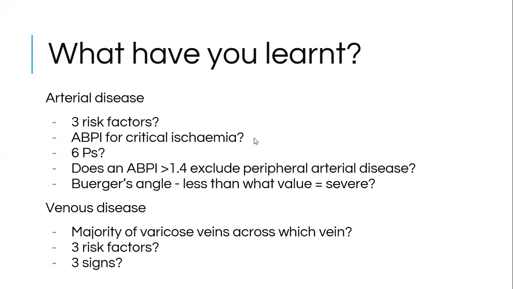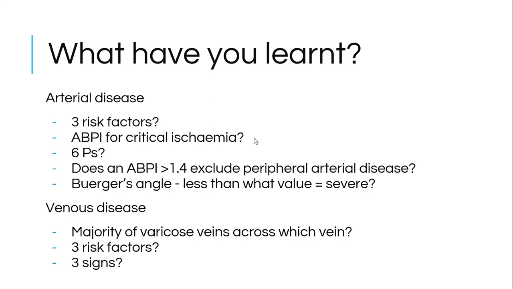3 risk factors for your varicose veins. Remember, primary and secondary. Pregnancy, yep. And along with pregnancy, what can I make you think of? Family history, yep, very good. Abdominal mass, anything increasing pelvic pressure, so it can be cancers. Yes, good, really good stuff. 3 signs.